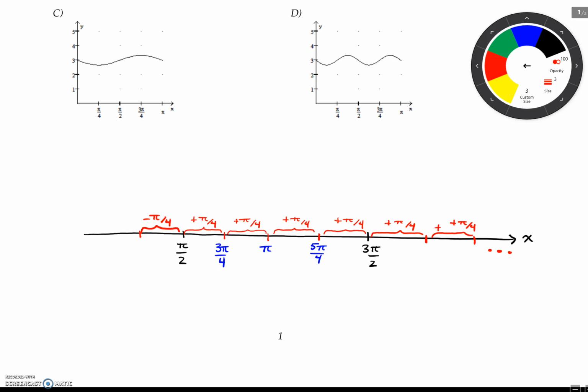If I take away pi over 4, now I'm at pi over 4. And if I go back again another pi over 4, pi over 4 minus pi over 4 is just going to give us 0. And so I could literally just make the y-axis right here going through 0. And again, we can keep going in this direction if we wanted to keep taking away pi over 4. So that's the setup that I'm going to work with. This is my graph here.